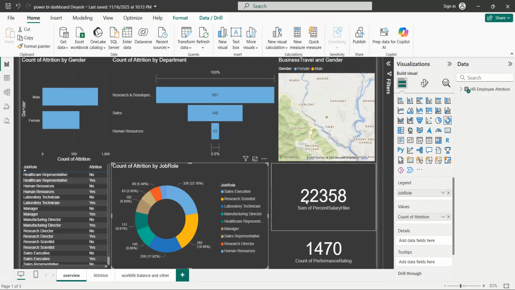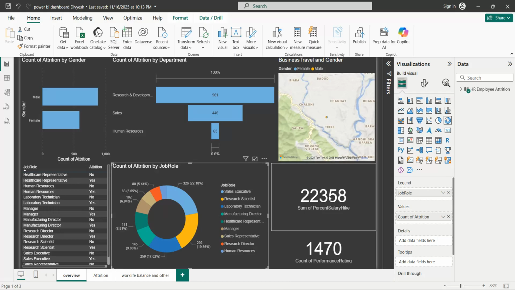The overall sum of percent salary hike is 22,358, whereas the count of performance rating is 1,470. So there are two KPI cards. The first is the sum of percent salary hike, that is 22,358.